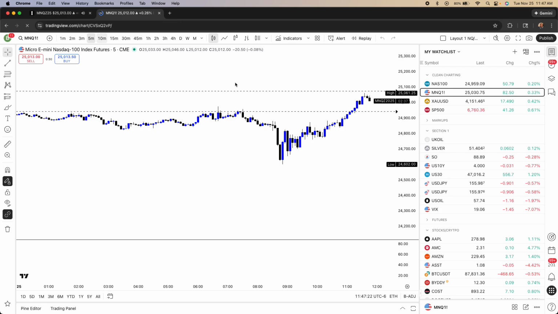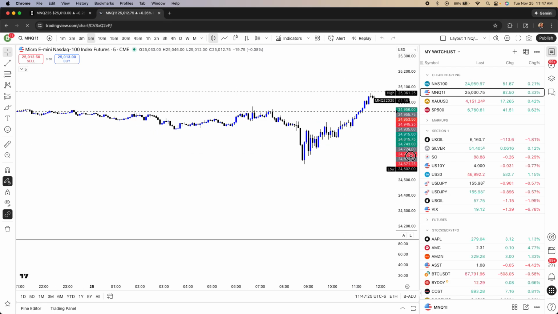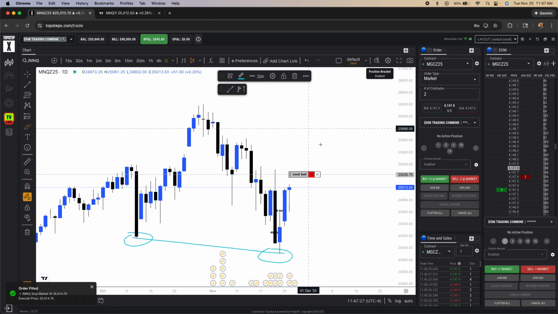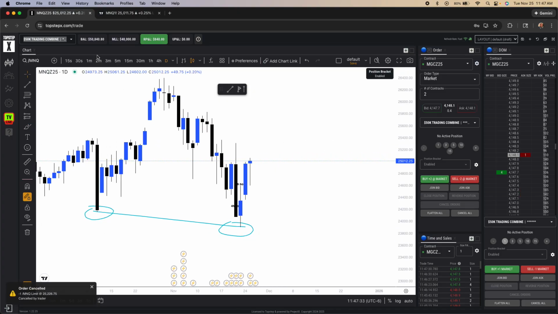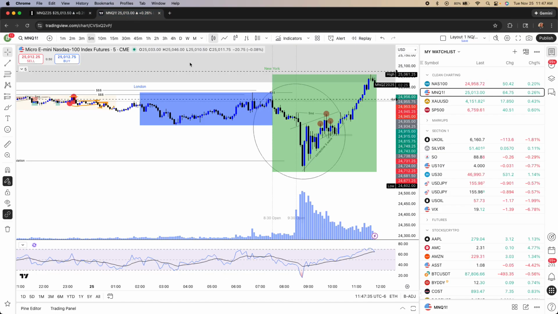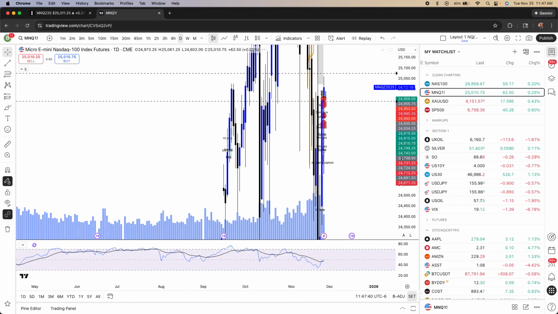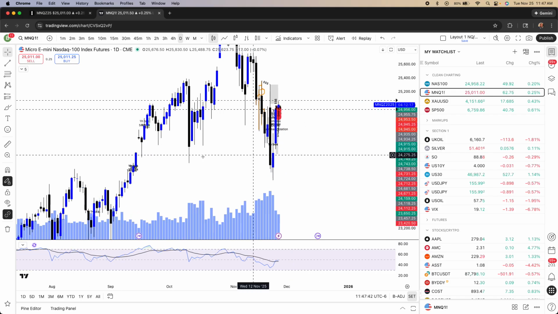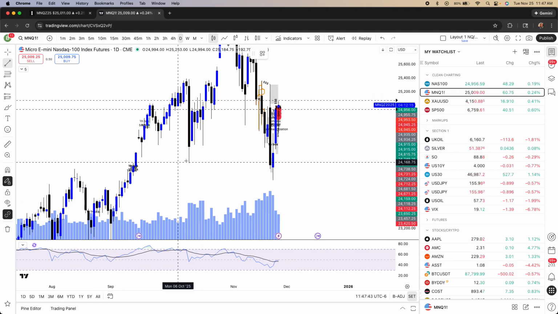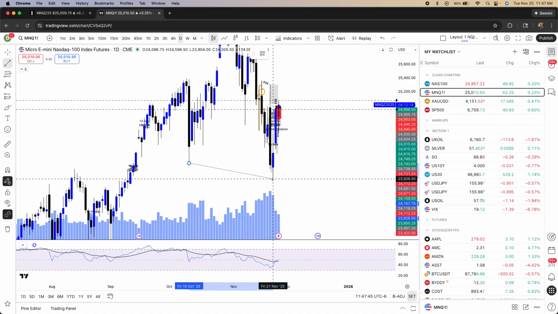Oh, wow. We just filled our order. Okay. So we filled our order with our trailing stop loss. Let's take this out right here. Up 840. Looks good. Let's go to the higher time frame, the daily. And on the daily, we have a lower low on the NASDAQ right here.